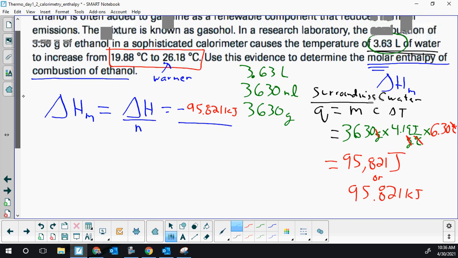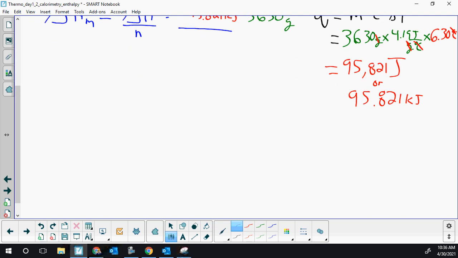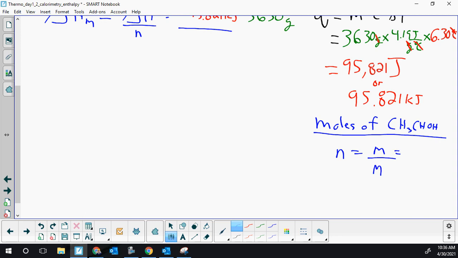And the chemical that's all running out is the ethanol. So I need moles of ethanol. Okay. So eth means 2 carbons. So you should be able to figure out what the formula is of ethanol and get the molar mass. Moles of this pure substance is mass over molar mass. This isn't a solution.